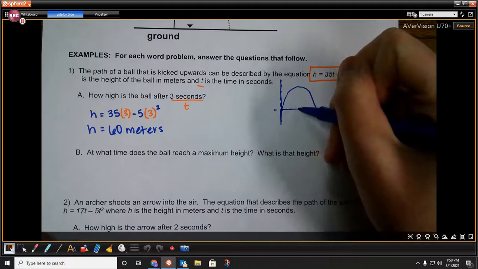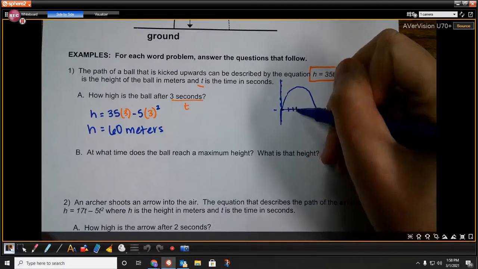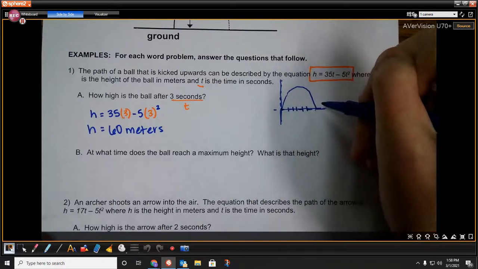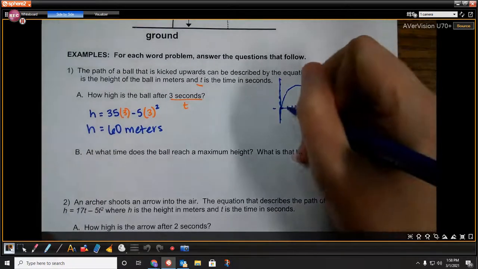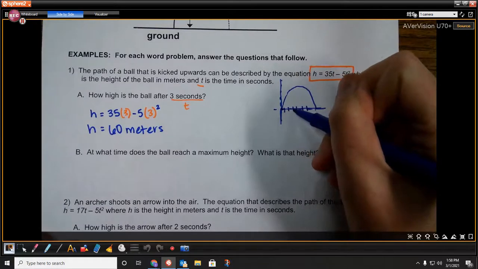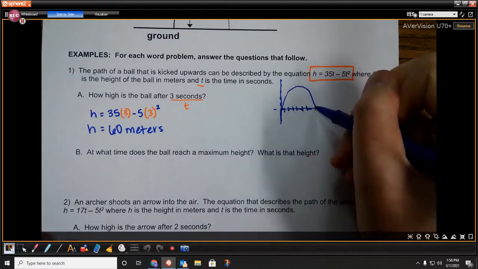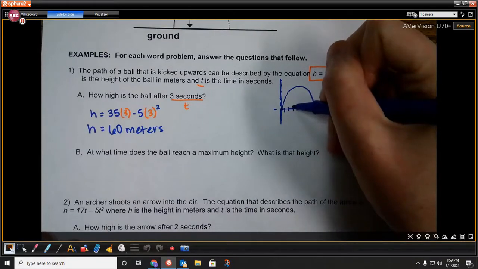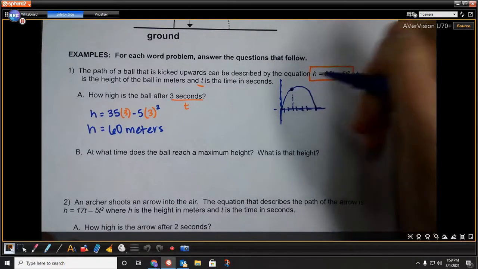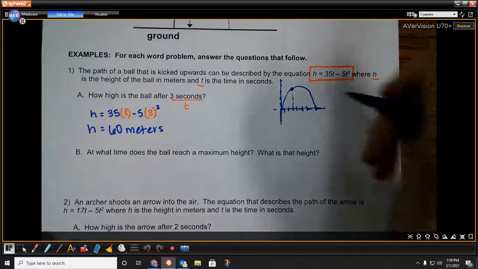After about 1, 2, 3, 4, 5, I think it lands back down at 7. Okay, so 1, 2, 3, 4, 5, 6, 7. This is not a great graph, but what we can see is that at 3 seconds, my ball would be about there, which is about 60 meters.